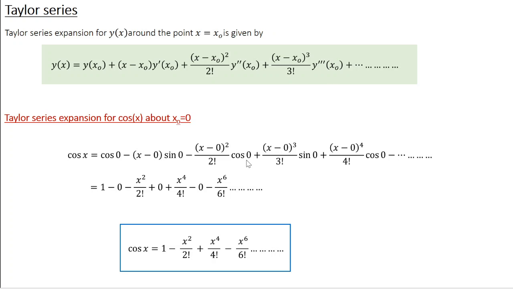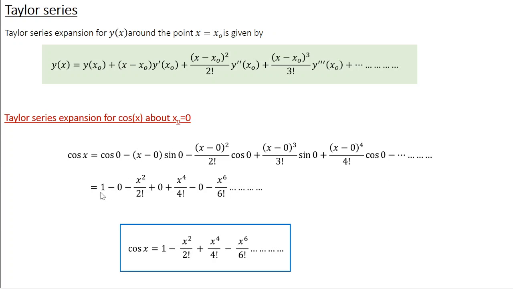So derivative of minus cos is going to be plus sine, so you have plus sine 0 here, and the next term is going to be x minus x naught to the power 4, which is x minus 0 to the power 4 divided by 4 factorial, the fourth order derivative, so that's going to be cos 0 here.